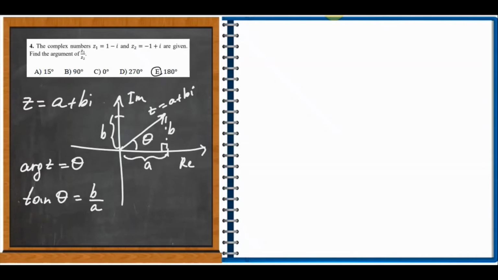The ratio is just, let's write, z1 over z2 is equal to 1 minus i over negative 1 plus i. Here we need to simplify and get rid of the fraction, the denominator. In order to get rid of the denominator, we must multiply it by its conjugate. Let's say we have z equals a plus bi.